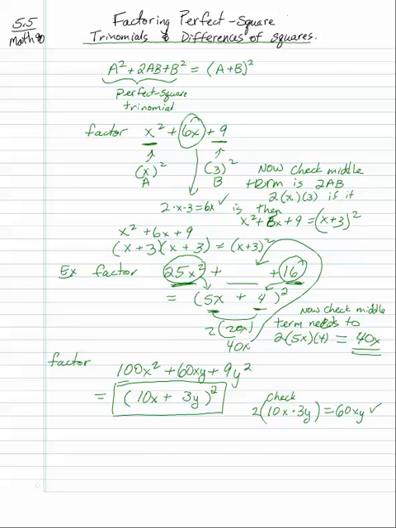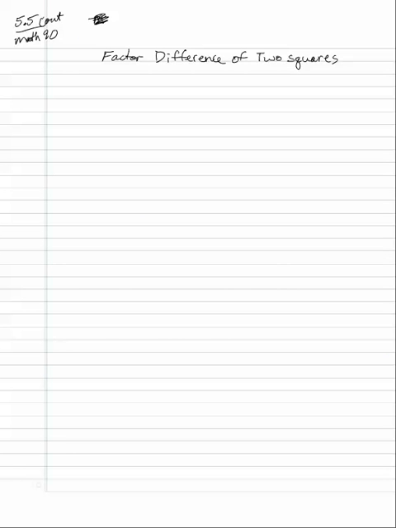Now let's go to difference of squares, next page. So again, in 5.2, we did this product of a sum and difference. When we multiplied it out, the middle terms canceled out, and we were left with just a difference of two squares, a squared minus b squared. So you square the first term minus square the second term.